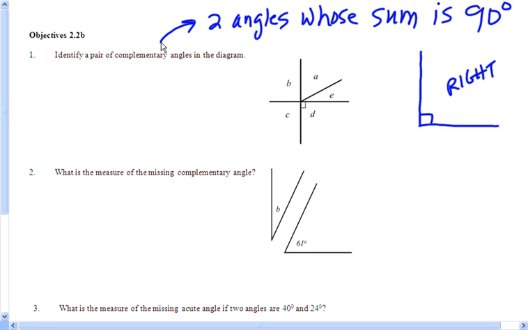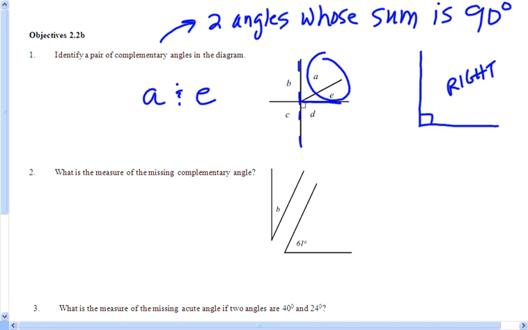So if we look at the diagram here, we see that A and E together make a right angle. We know that because angle B is a right angle. And so the rest of that angle there is a supplementary pair, and so A plus E has to equal 90 degrees also. So we're going to say A and E.